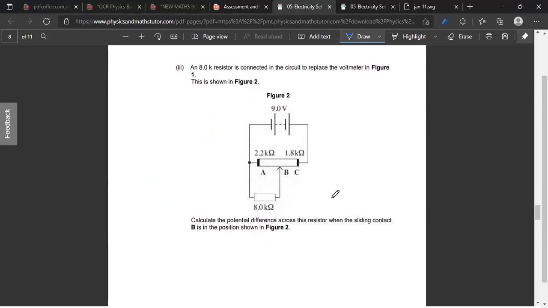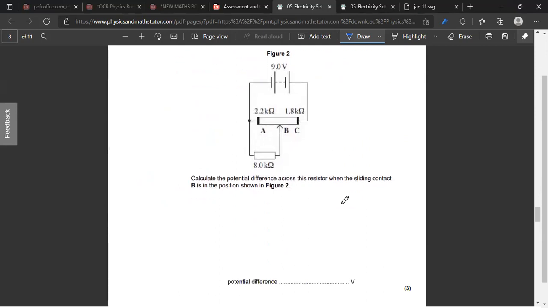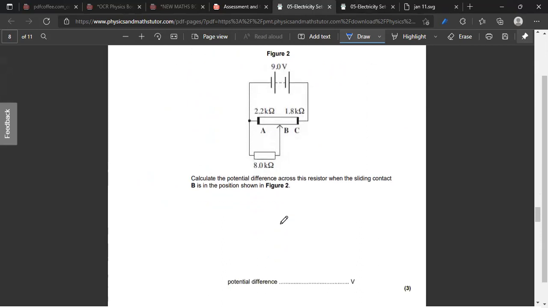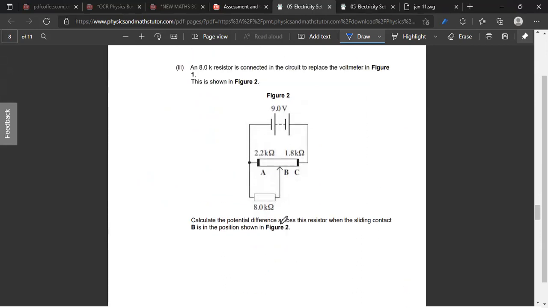Calculate the potential difference across it when the sliding contact is at B. So what happens is that across this resistor, voltage is 9?